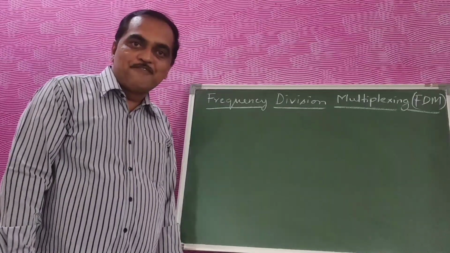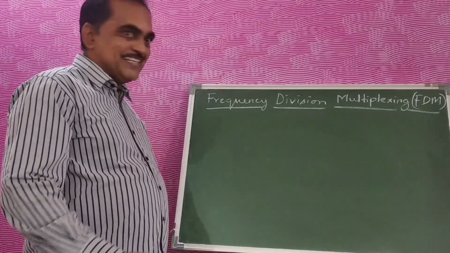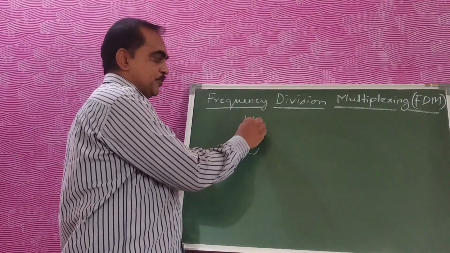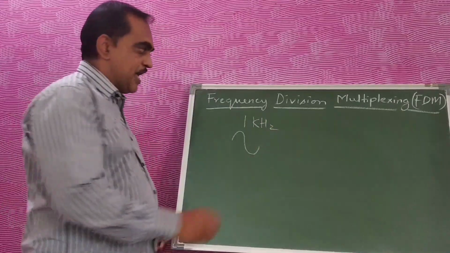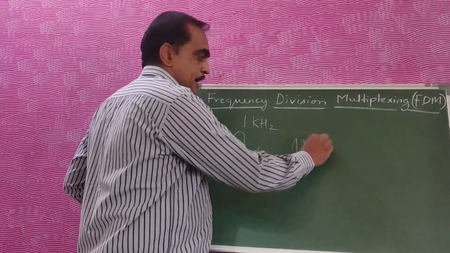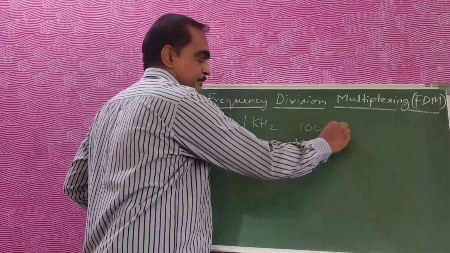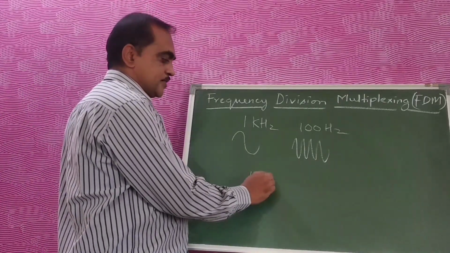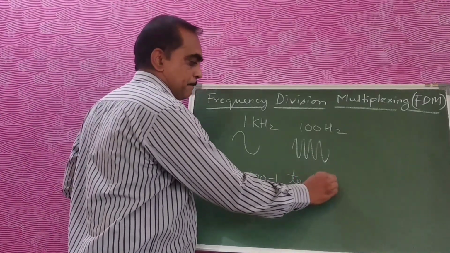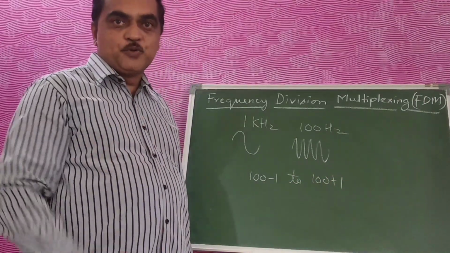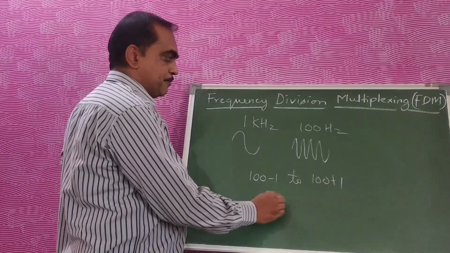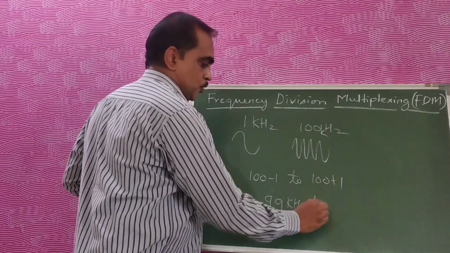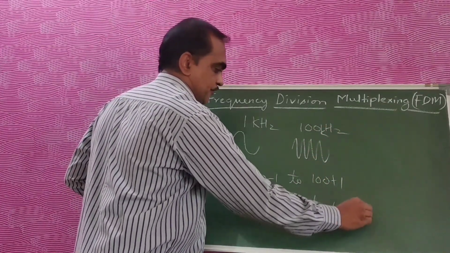Say for example, if you have amplitude modulation, and in that you have a signal of 1 kilohertz, and you have a carrier of 100 kilohertz, then it will have a bandwidth of 100 minus 1 to 100 plus 1 in the case of amplitude modulation. That means it will have a bandwidth from 99 kilohertz to 101 kilohertz.